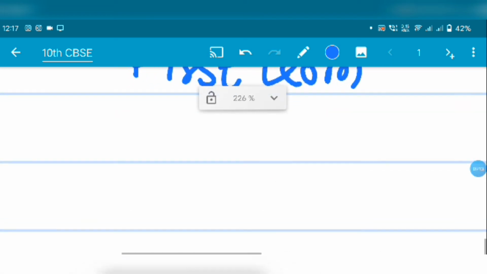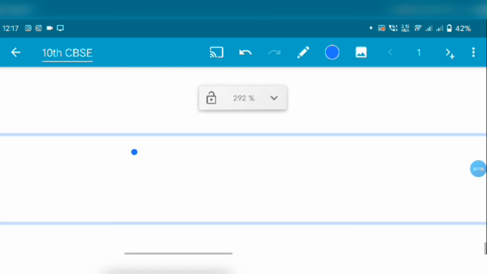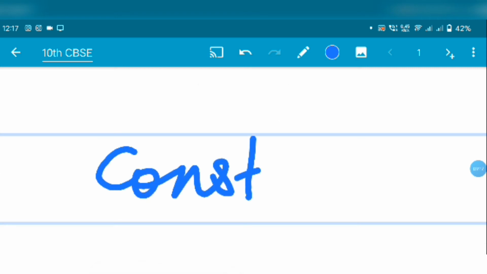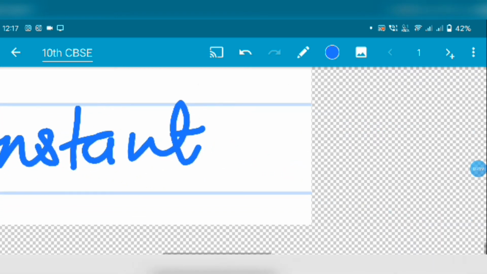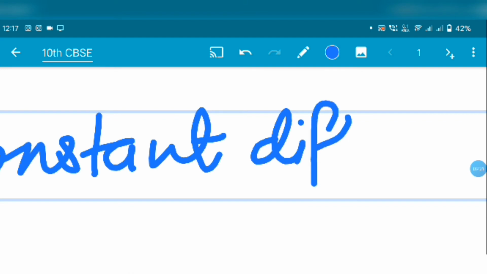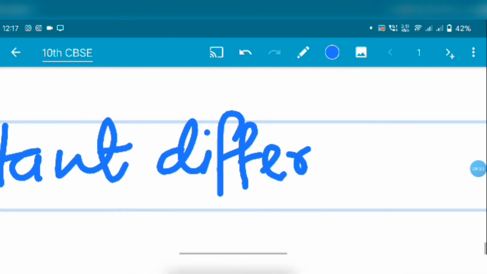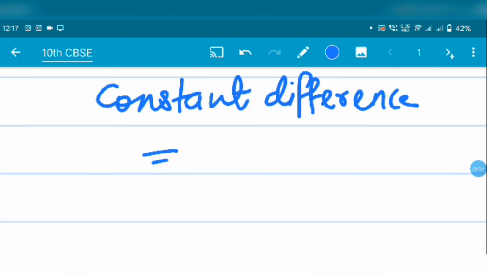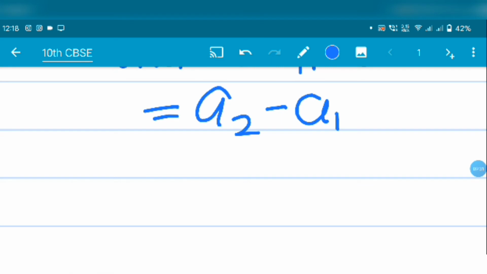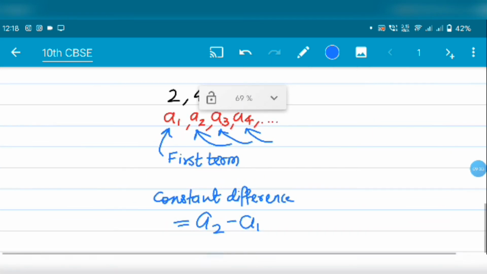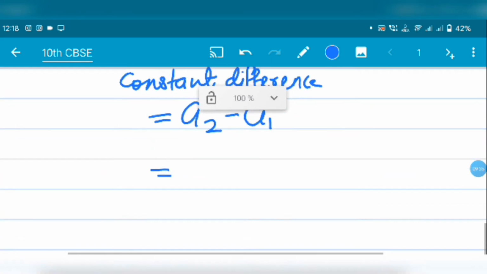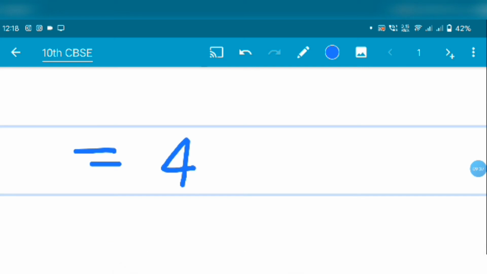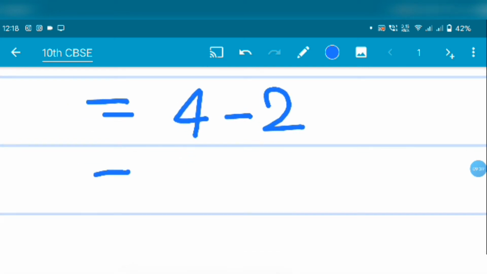I was talking about the constant difference. Constant difference is nothing but, if I write A2 minus A1, the value of A2 is 4, so 4 minus 2, we get 2 only.